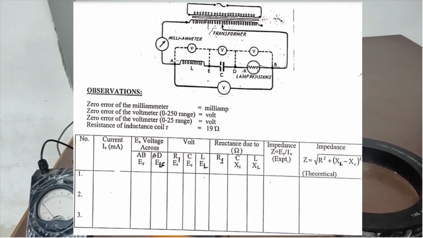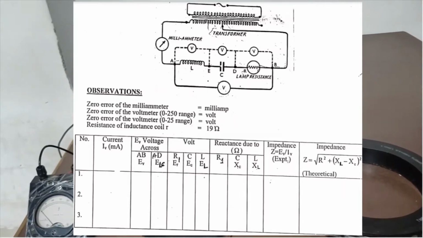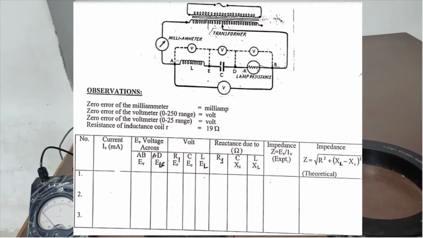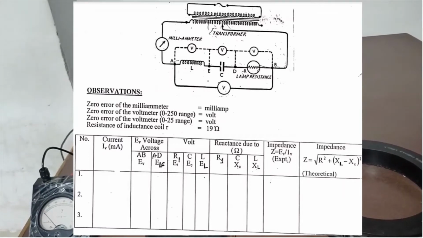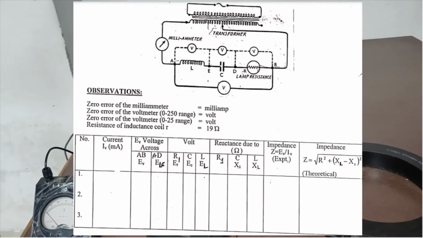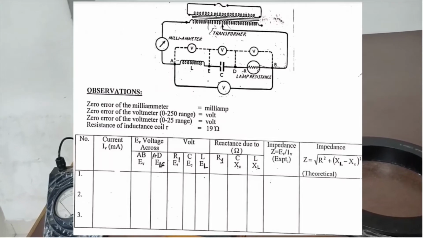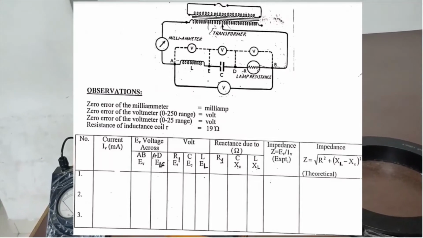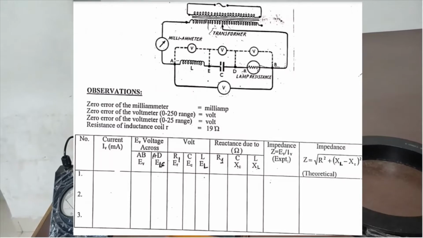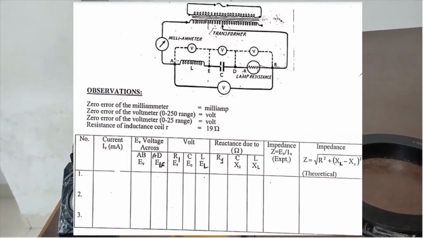Then we have to note the reading of voltmeter across R, that is resistor, so ER here. Then EC, voltage across capacitor. Then EL, voltage across inductor. Then we have to evaluate the reactance due to R, that is resistor, due to C, which is capacitor, due to L, which is inductor.